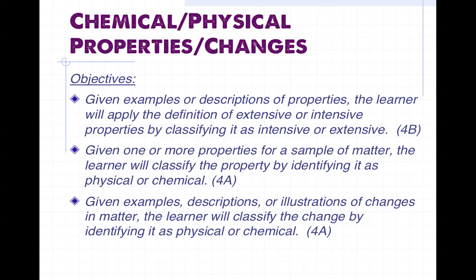The second one, you will be able to classify a property as either physical or chemical. And last, if a change happens to matter, you need to be able to classify it as a physical change or a chemical change. So let's start talking about that.